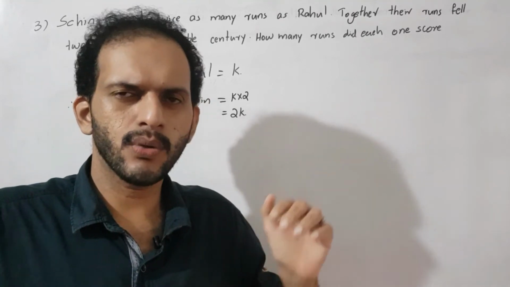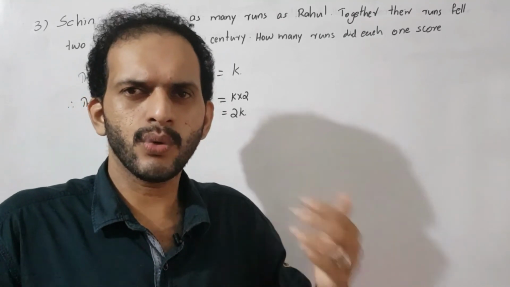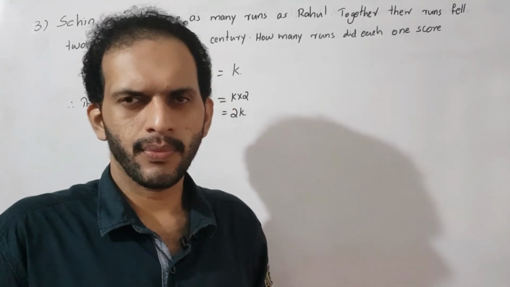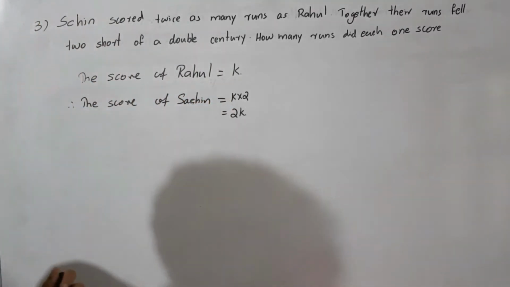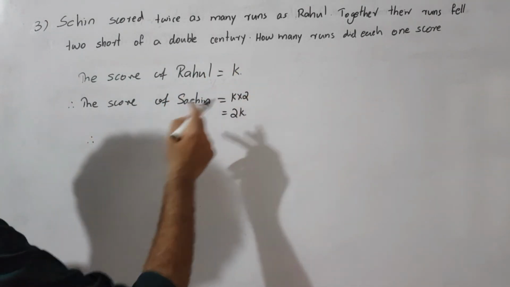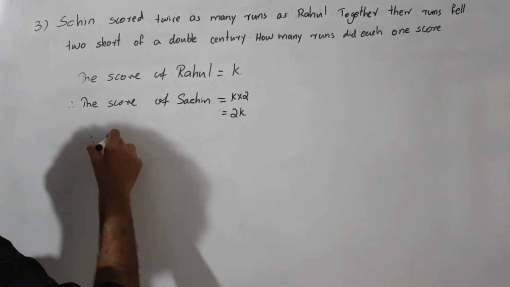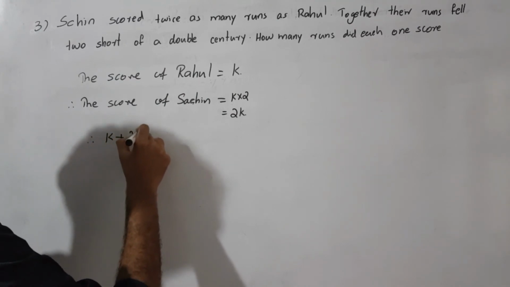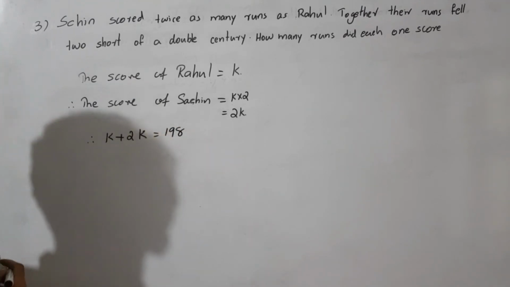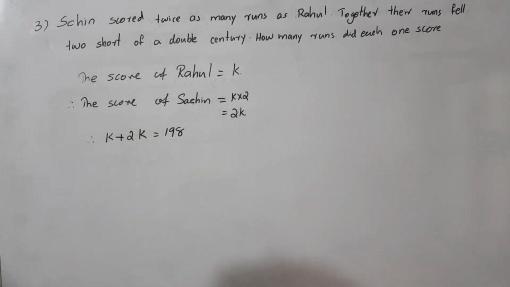Double century 200. Then too short means 198. Okay, therefore what is the relation? How to form the equation? Therefore, take together means K plus 2K is equal to 198. Okay, it is an equation: K plus 2K is equal to 198.